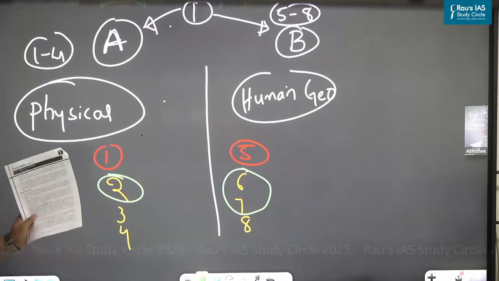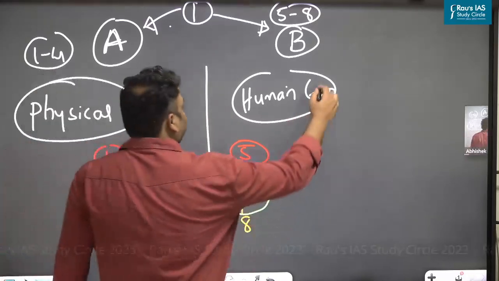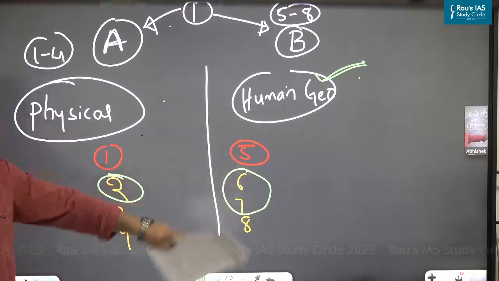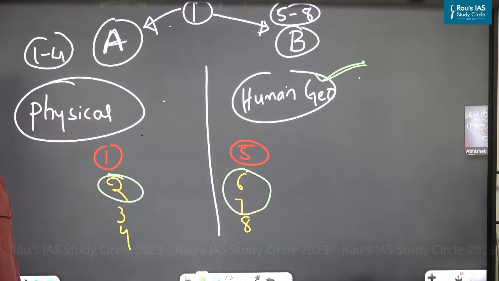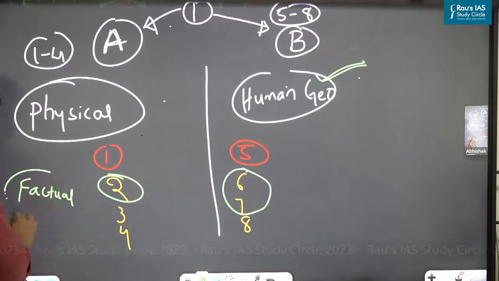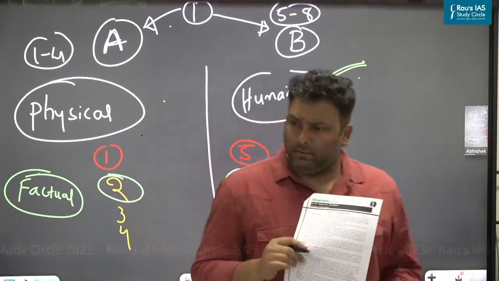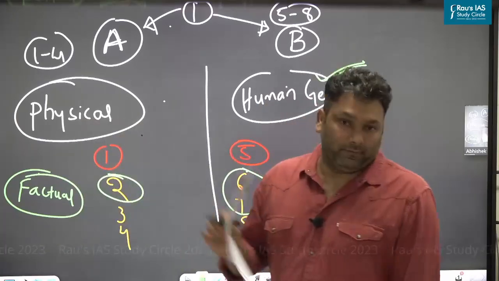So I would ask you to choose more questions from human geography and start attempting human geography first as compared to physical geography, because physical geography is more factual in nature. And generally, all over India, people will be starting with physical geography.